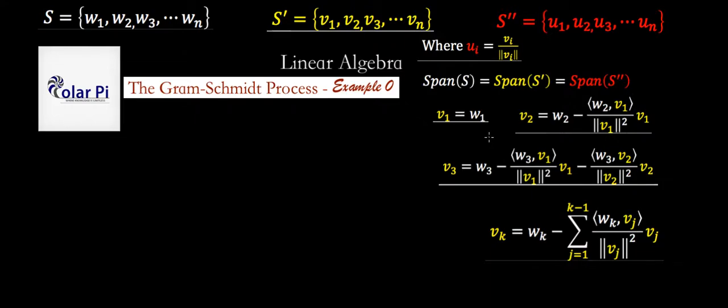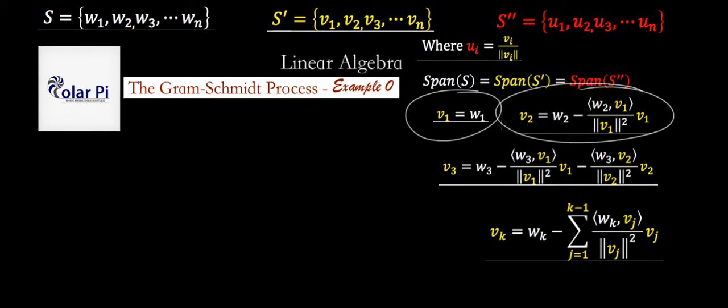Otherwise, let's not delay and get started with understanding using visuals how this process works. Now, I'm going to demonstrate how this construction does in fact make V1 and V2 perpendicular, and I'm going to use visuals to explain how.